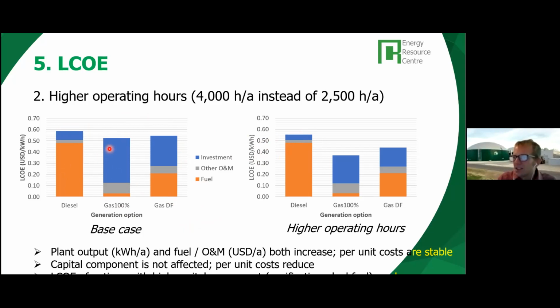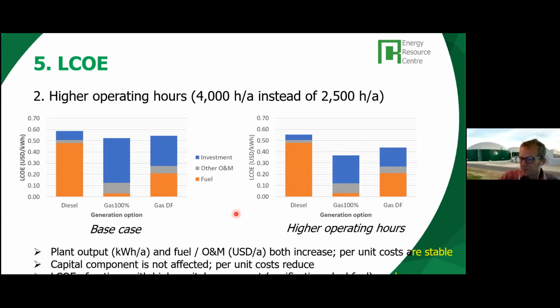On the other hand, the gasifier production goes from 52 to 37, so that's a substantial cost reduction. And we see that the dual fuel option goes from 54 to 44. So it's also a reduction, although less pronounced than in the gasification option.